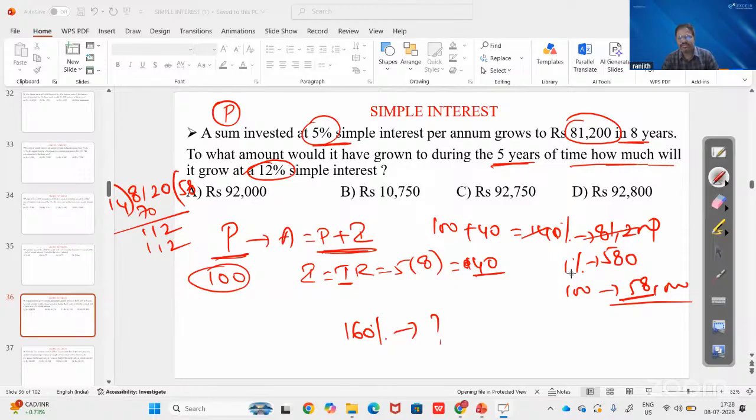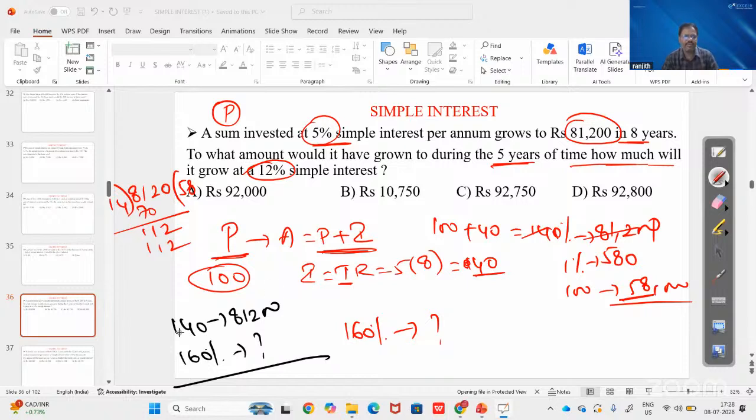So instead of finding the principal directly, we can also find it out. 140 percentage will be equal to 81,200. So 160 percentage will be equal to what? Do the simplification and we'll get the answer.